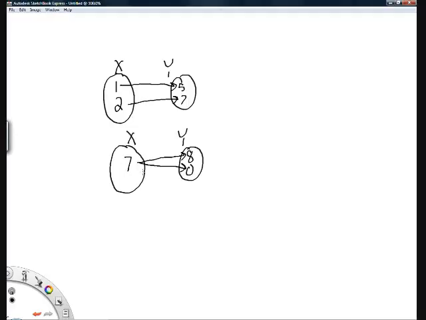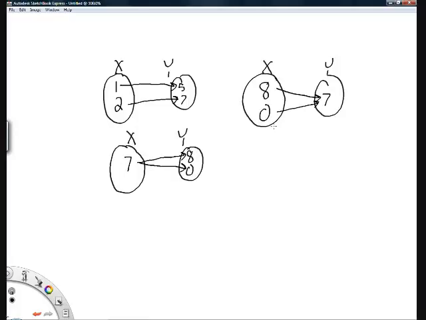Now the reverse is not true. So for example, if I look at a mapping again of x's and y's, and let's flip these. Here, this is a function because 8 is mapped to 7, 0 is mapped to 7.